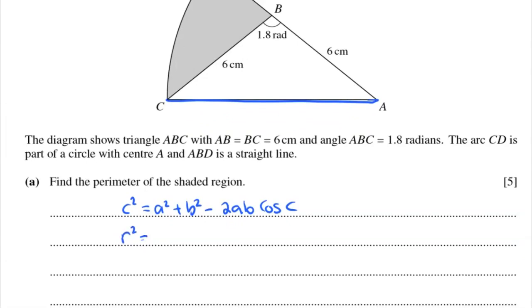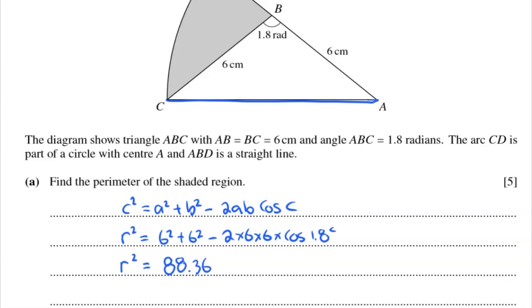The radius squared is equal to 6 squared plus 6 squared minus 2 times 6 times 6 times the cos of 1.8 radians. Well, put your calculator into radians mode and enter it in. All right, so we get r squared equals 88.358, and it goes on forever.